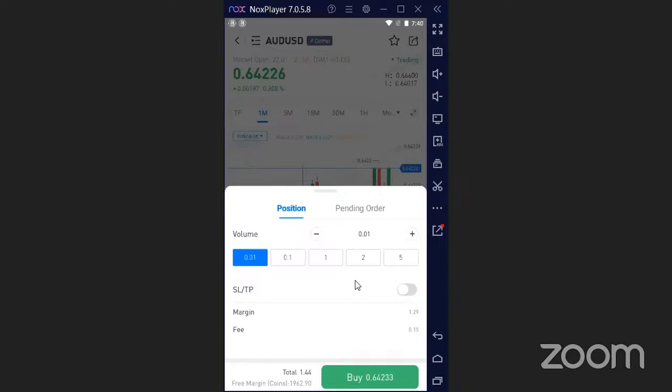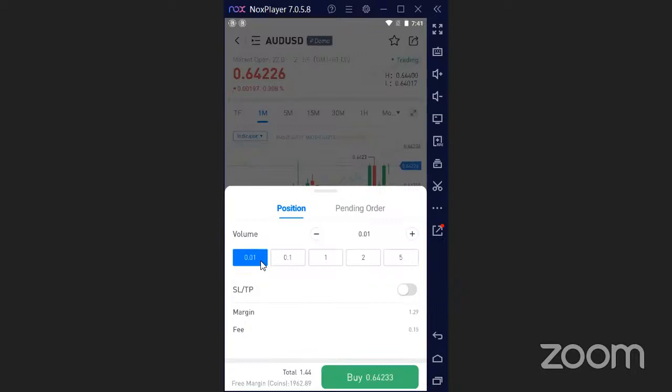So when you click on buy, we have these lot sizes. You can also call them volume. What is volume? When you are playing music and you increase the volume, what is going to happen? The sound is going to increase.